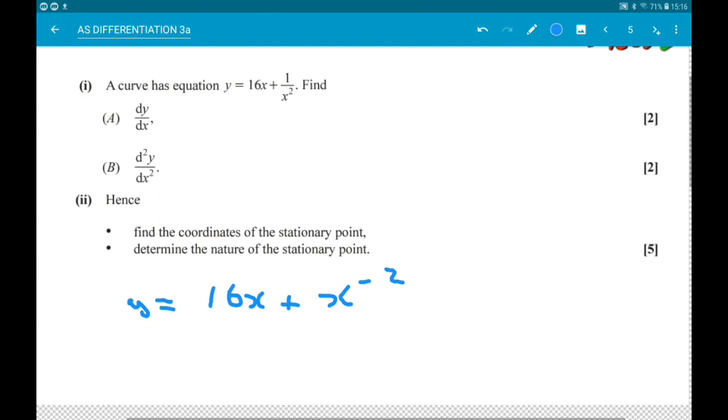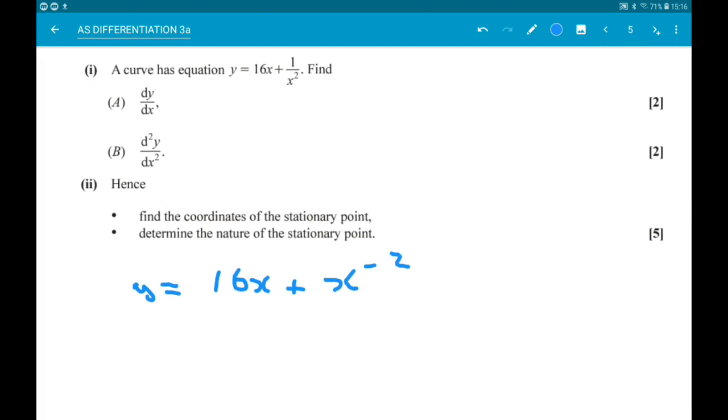Okay, so that means then dy by dx is going to be 16 minus 2x to the minus 3.